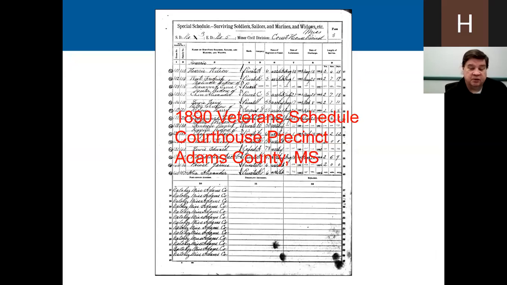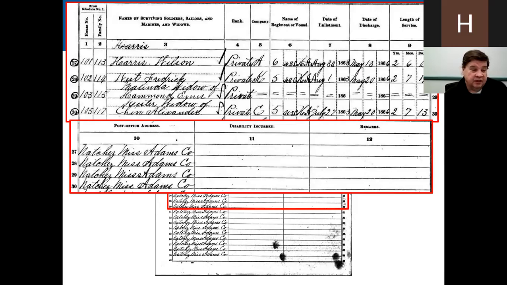There's also a veteran schedule from 1890. The 1890 census, of course, no longer exists, but the veteran schedule does, at least for some of the states. Let's look at this. This is the name of the men who served, generally during the Civil War.